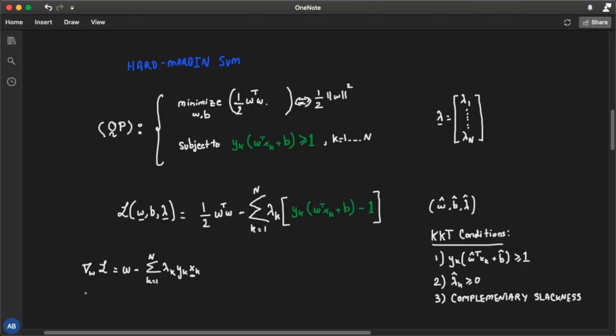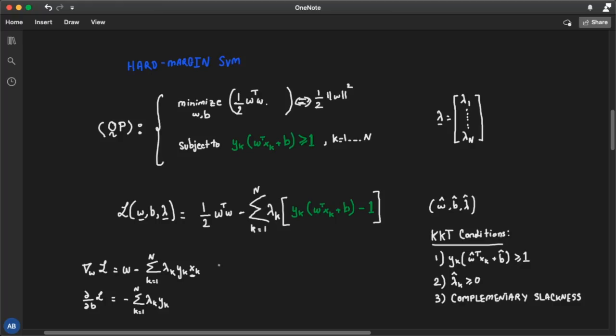Now let's apply the partial derivative with respect to the scalar quantity b. What do we get? We can see that the only term depending on b is the sum on lambda k, yk. And don't forget the minus over here, so we get minus sum lambda k, yk. Right?